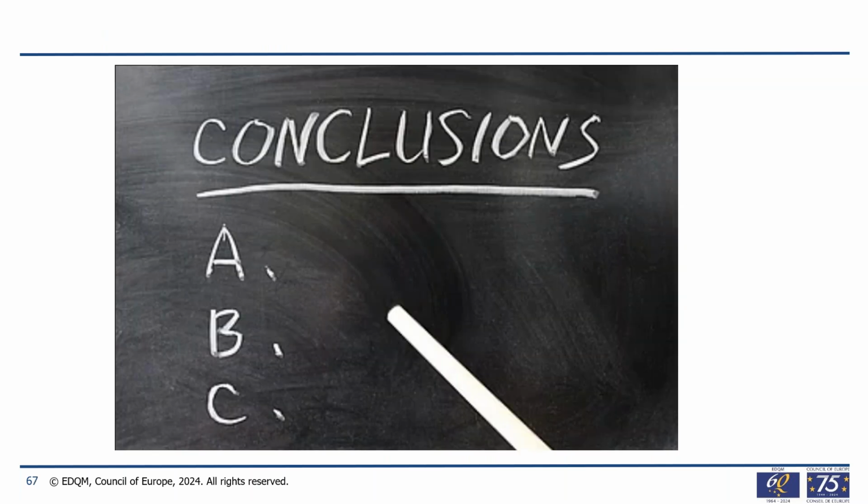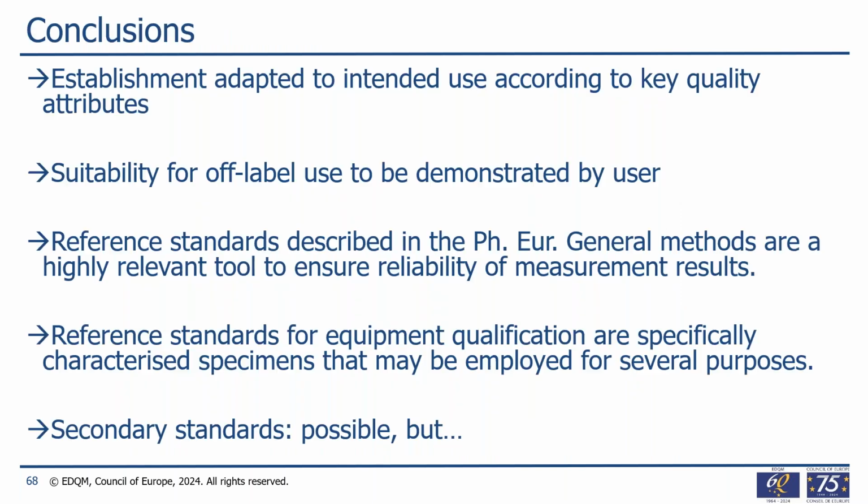So allow me to draw some conclusions from the presentation. The establishment of our reference standards is adapted to the intended use according to the key quality attributes, and the suitability for any off-label use should be demonstrated by the user.